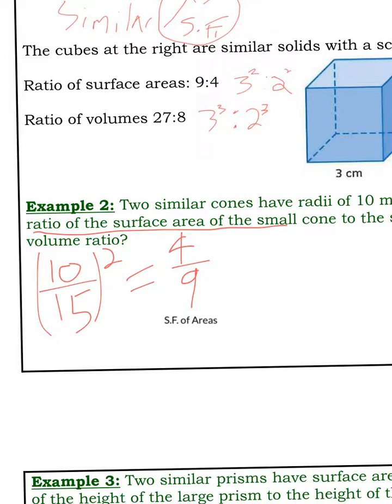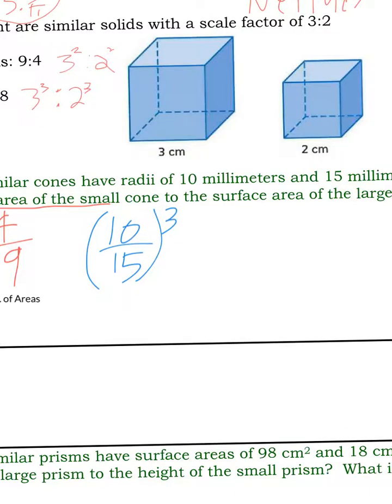Let's do what it's asking. It says the volume ratio. So I'm going to type in 10 over 15. I go back to the original, and then I'm going to cube it. That's going to get me 8 over 27.